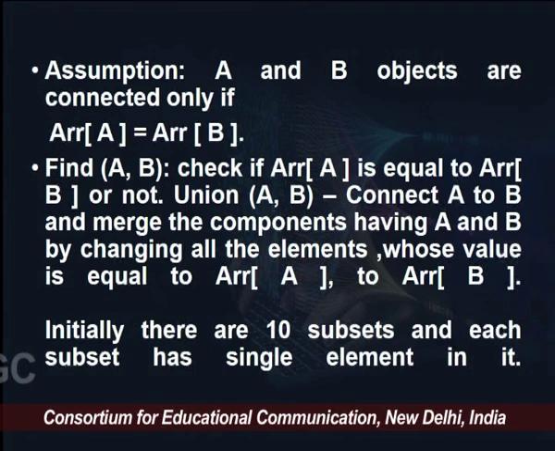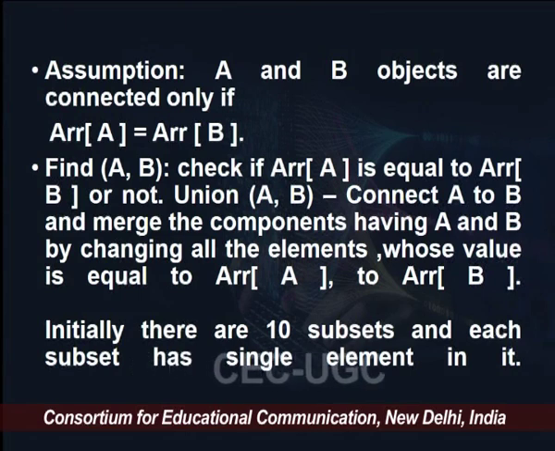Then there is the union A comma B operation, which is going to connect A to B and merge the components, whatever is in A and whatever is in the set to which B belongs, and the value after the union is going to be the value of A and B both.